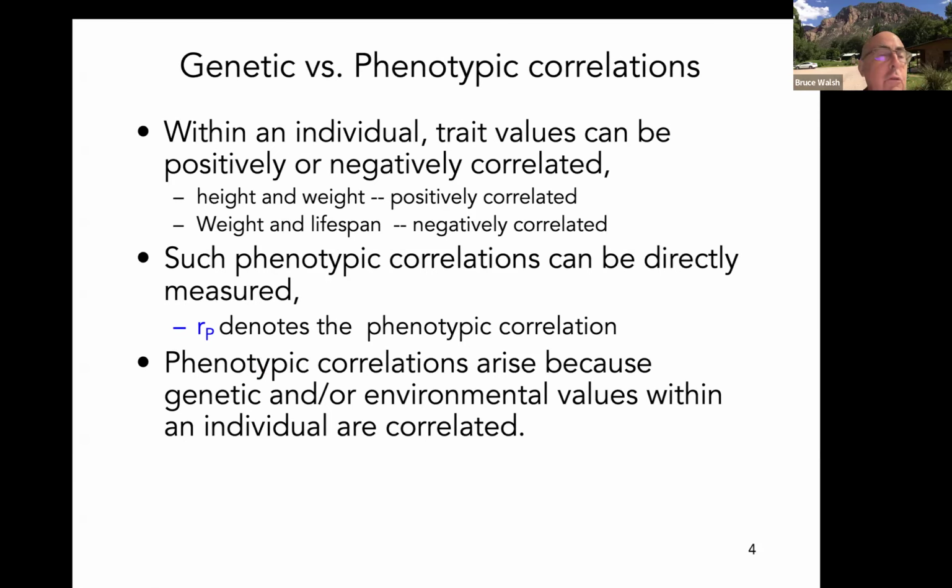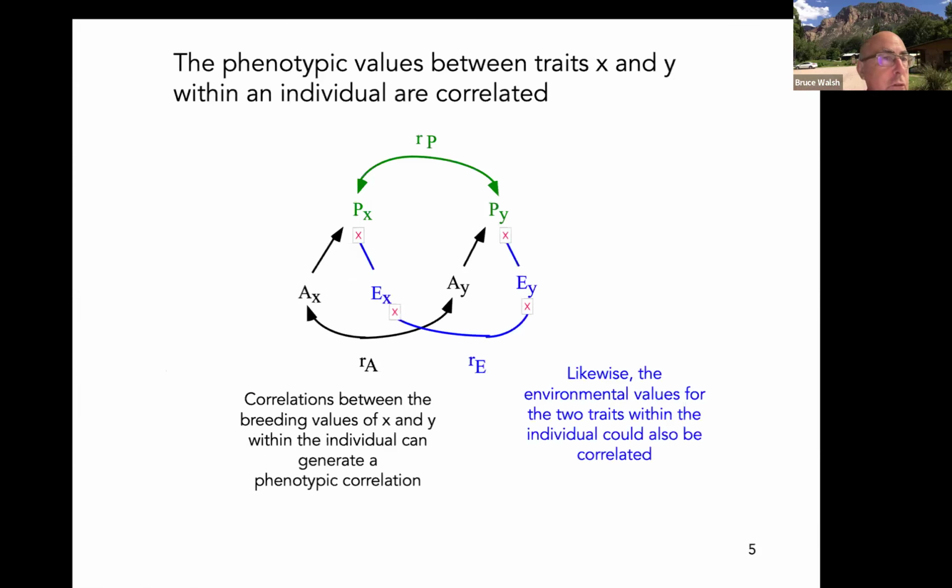These are phenotypic correlations. I can measure them directly. For example, I can measure plant height and plant biomass. So phenotypic correlations are important when we talk about how means change within a generation, that is, that S we saw before. To translate a within generation change in mean across generations, we're going to need genetic correlations.